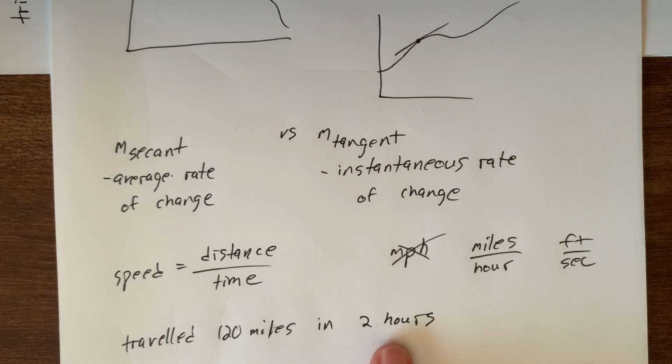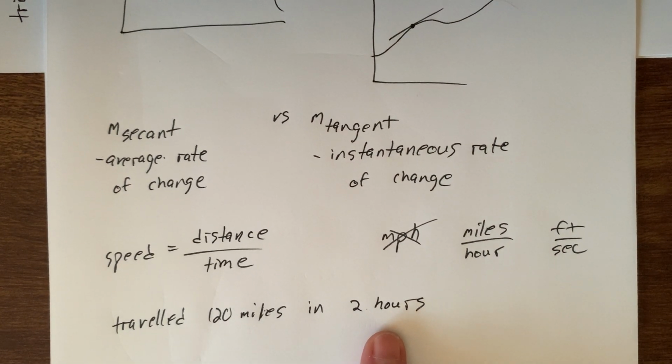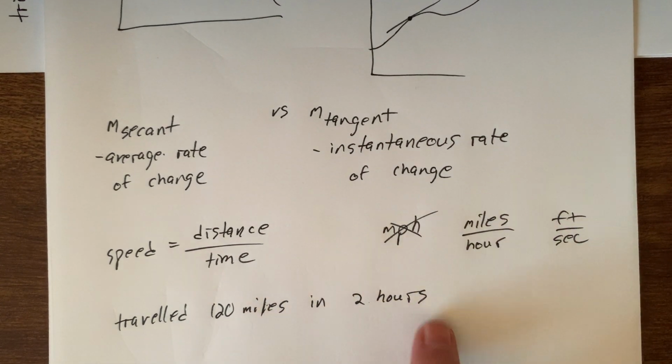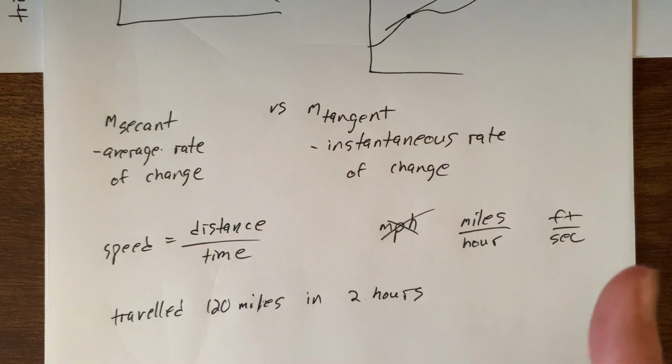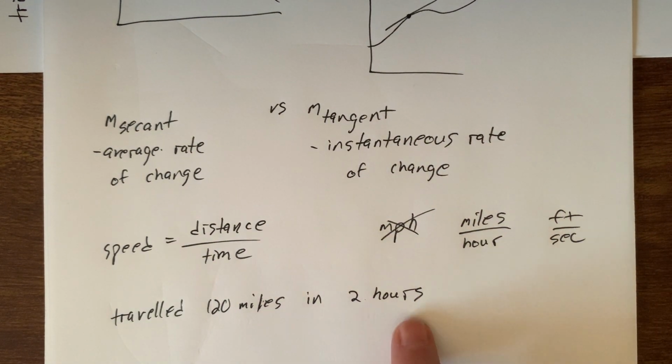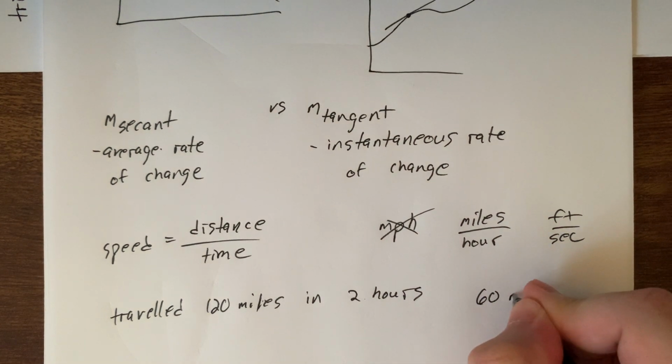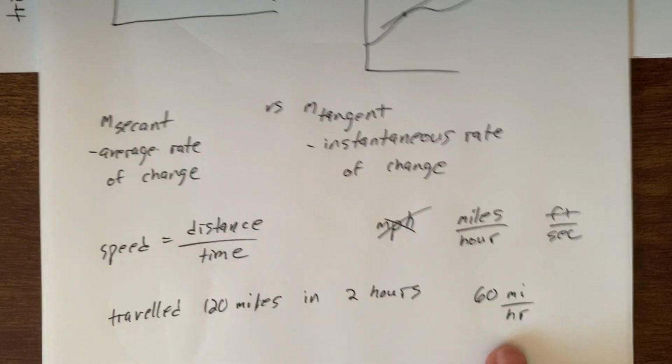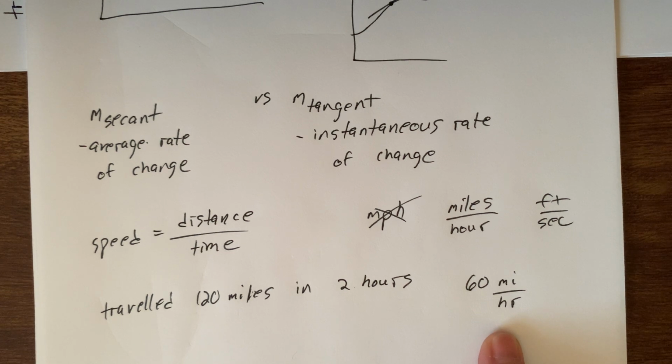Again, I could have done that with time of day. We started at 1:20 and it is now 3:20. Either way, we're getting the basic pieces of information. So if you look at our formula for speed, 120 miles over 2 hours would mean we're traveling at a rate of 60 miles per hour.